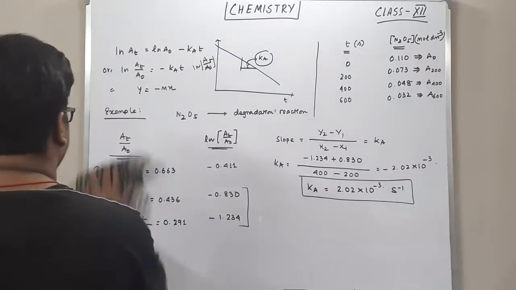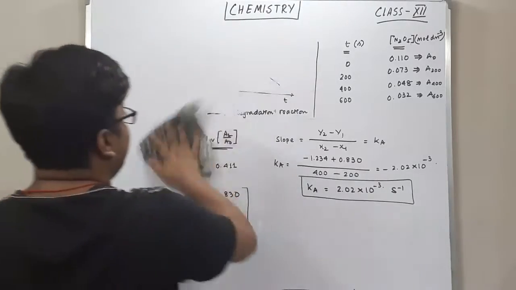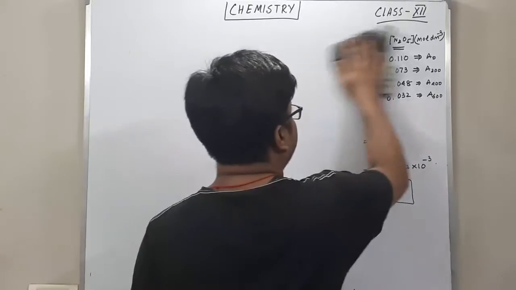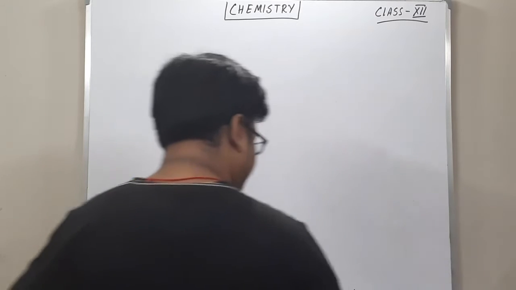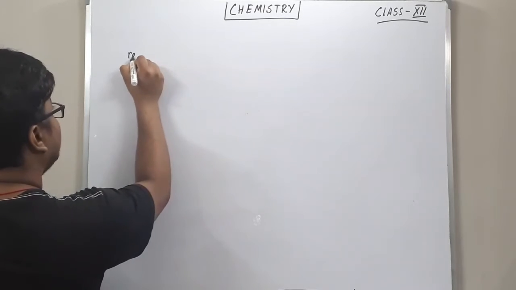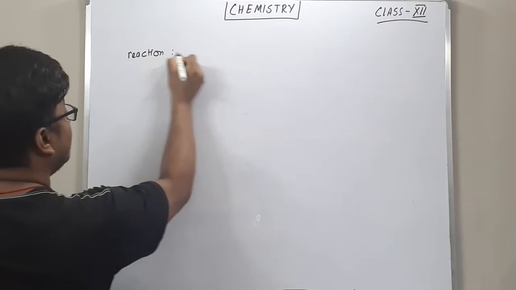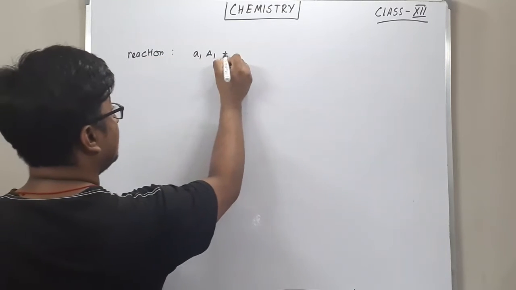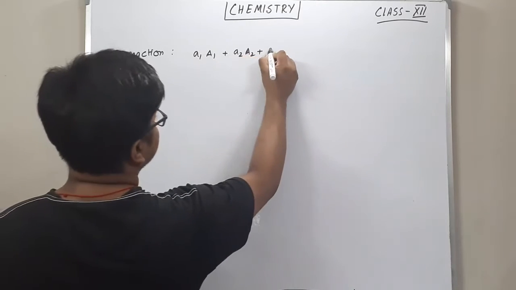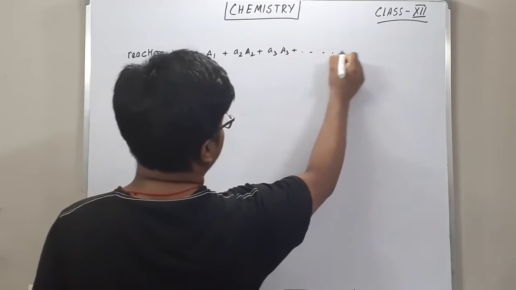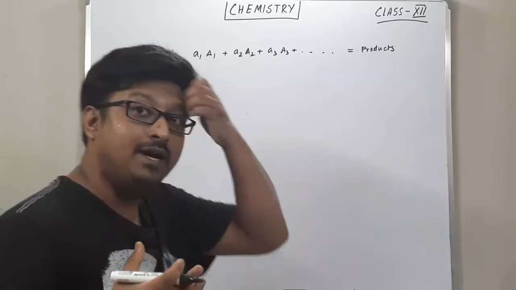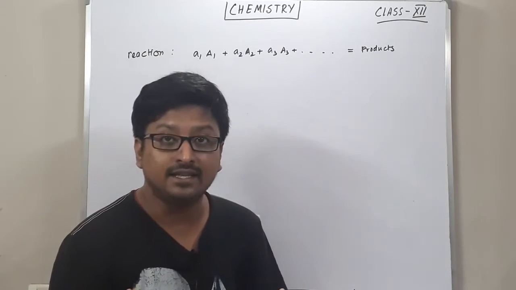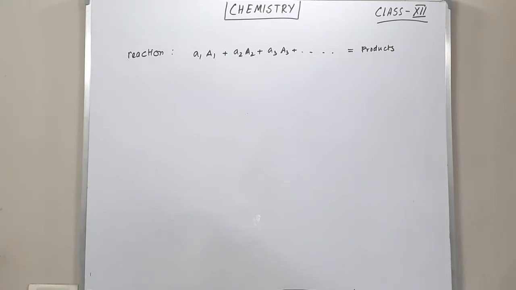Before going further, let me give you one very important concept here. Let's say you have a reaction where A1 plus A2 plus A3 and so on gives you products. So it is a multi-reagent reaction, where more than one reagent is there.